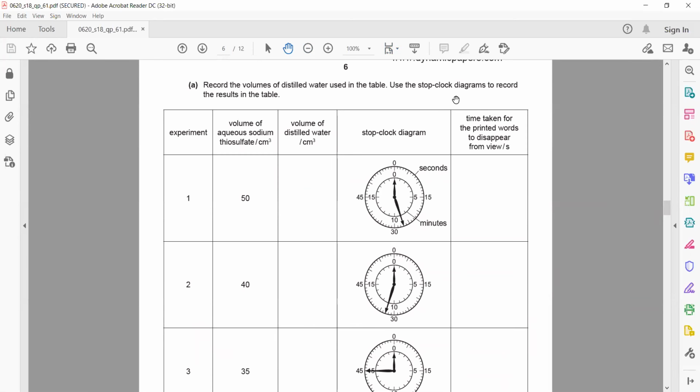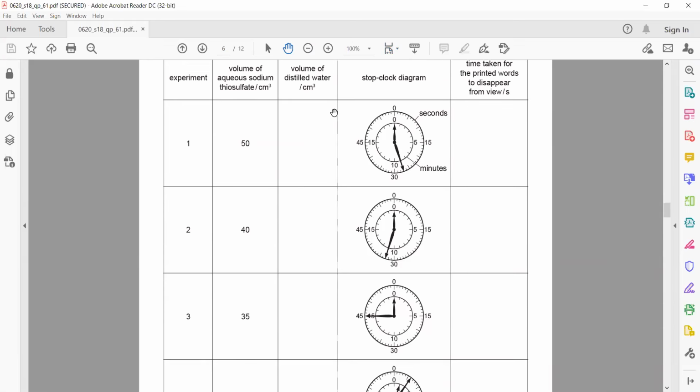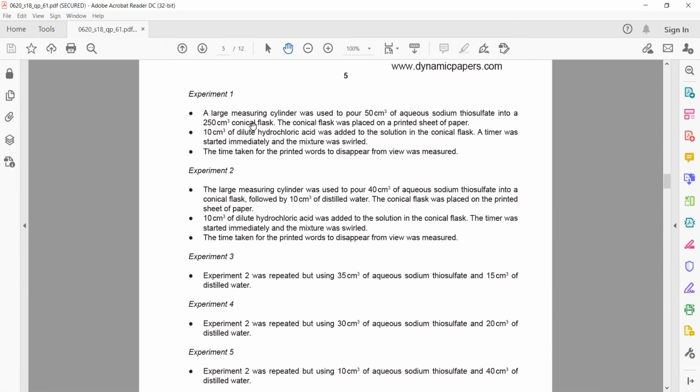Use the stop clock diagram to record the results. In the first experiment, 10 cm³ of hydrochloric acid and 50 cm³ of sodium thiosulfate are used. What is the total volume of the solution? In the first one we did not add distilled water, as you can see, it's not mentioned here.